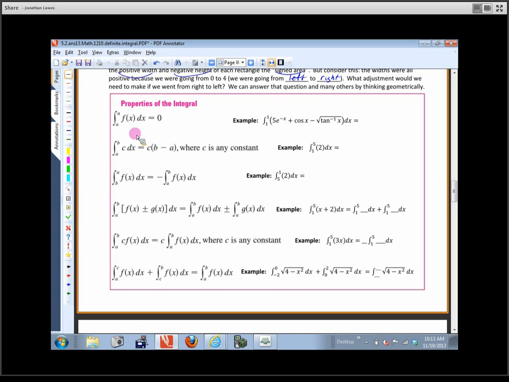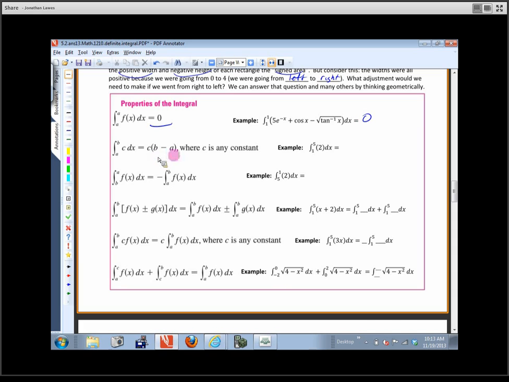You're not accumulating any area underneath the curve, so the answer there would be 0. So even if I have something that's really ugly looking, which I'm not sure I could even get the answer to without a calculator or a computer, it is a little bit comforting to know we're integrating or accumulating area from 1 to 1. We don't go anywhere, so the answer is 0.